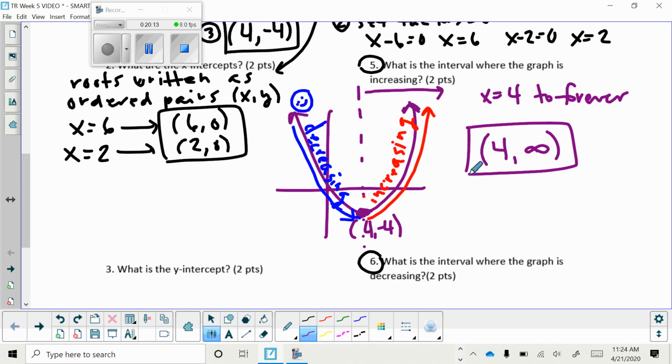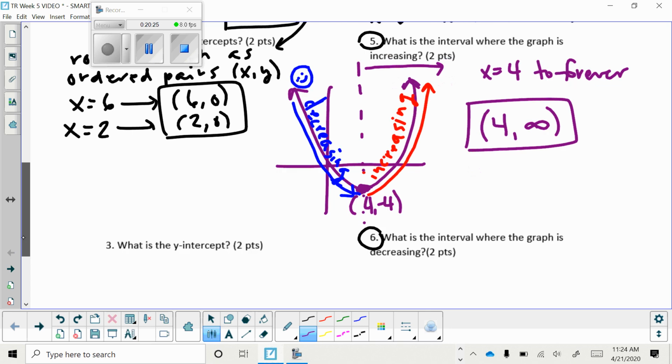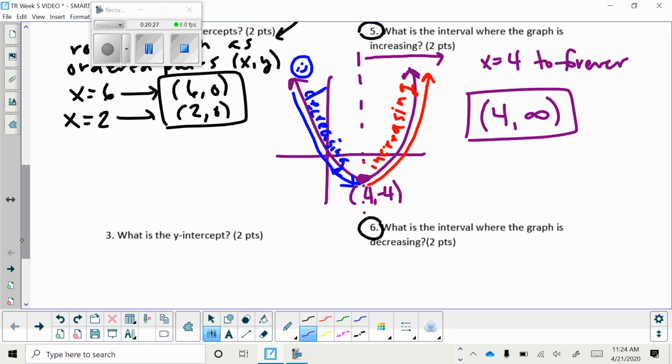And then skipping to number 6, it says, what is the interval for where the graph is decreasing? Well, that's the blue stuff that I wrote on the left-hand side. It's decreasing for all the x values that are on this side of 4.